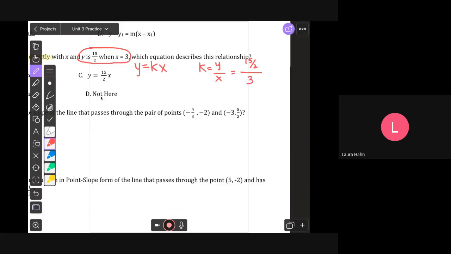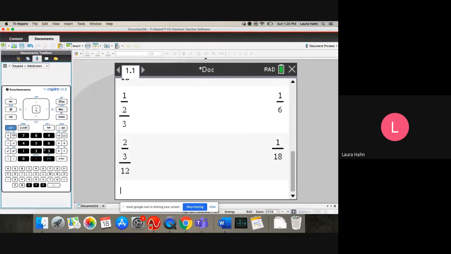So all I have to do is figure out what 15 over 2, divided by 3 is. Notice this is a fraction within a fraction. This is pretty ugly. We hate having fractions within fractions. Our calculator can take care of this for us, but we have to type it in very carefully so it does it correctly. If you go to your calculator page, because it's a fraction, we start by pressing Control Divide.